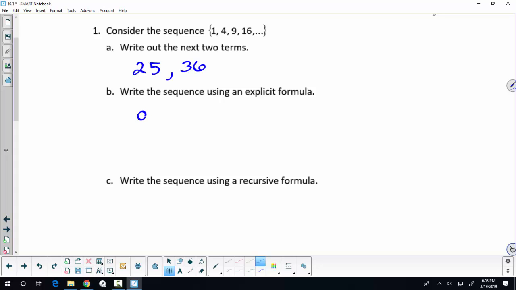Whatever term, wherever we're at, that term is defined as just the index squared. n equals 1, 2, 4. How about a recursive formula for that sequence?